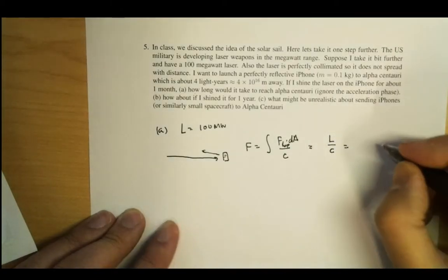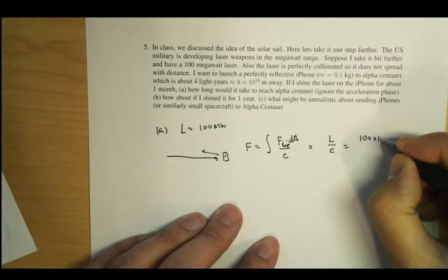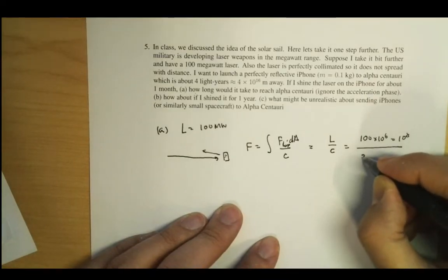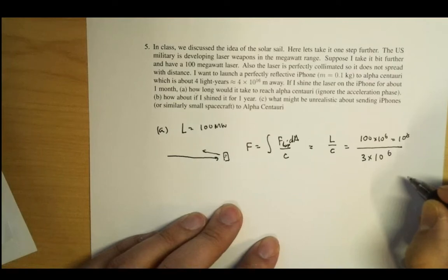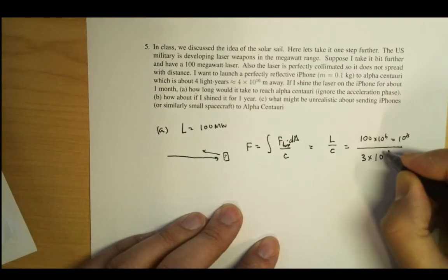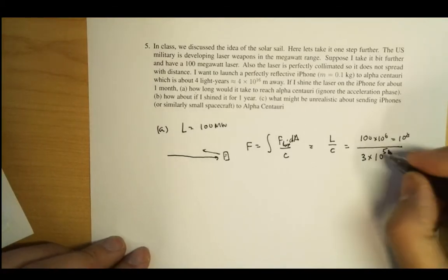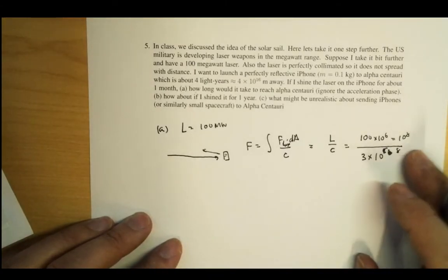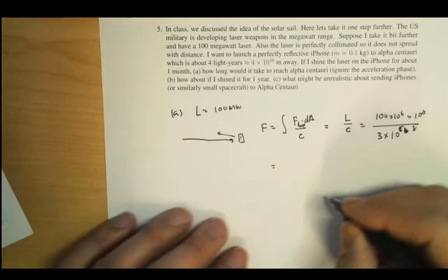So let's figure that out. This is going to be 100 megawatts, so it's 100 times 10 to the 6, which is 10 to the 8, divided by c, which is 3 times 10 to the 8 meters per second. Surprisingly, this is a very small amount of force.